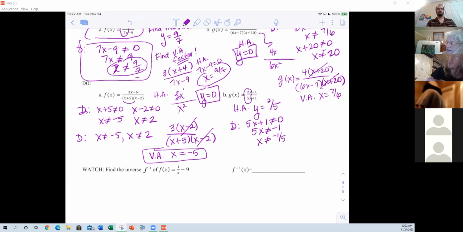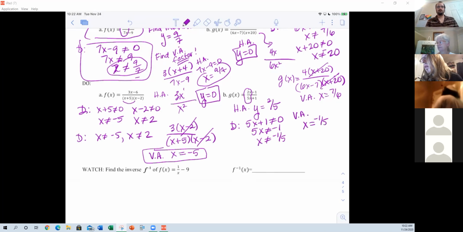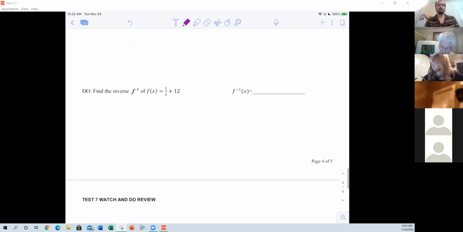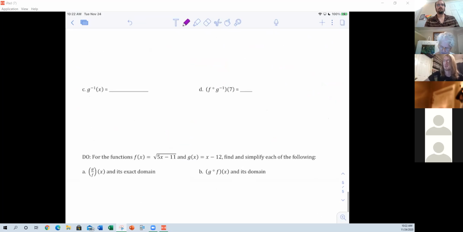So x is not equal to -1/5 is the domain. The vertical asymptote, nothing cancels. So the vertical asymptote is just going to be x equals -1/5. We're almost through.